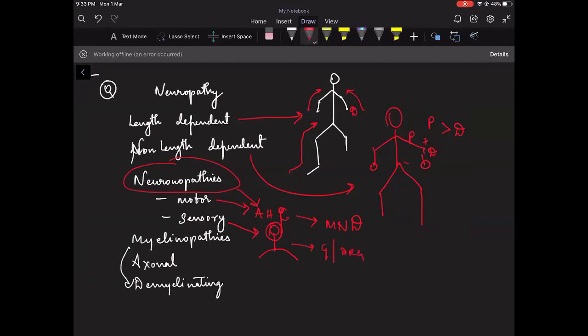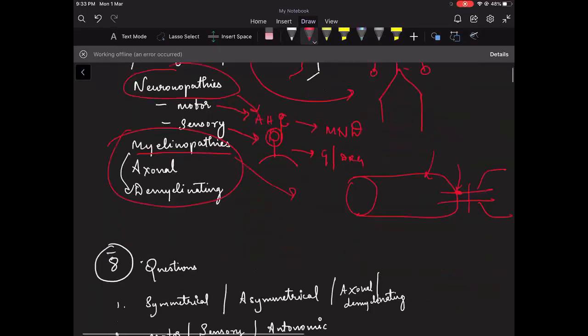Myelinopathy is when the myelin sheath is affected, either the whole of the myelin or at the internode. This classification is basically pathological. It could be the axon that is affected, or the myelin. Demyelinating is where there is loss of myelin.